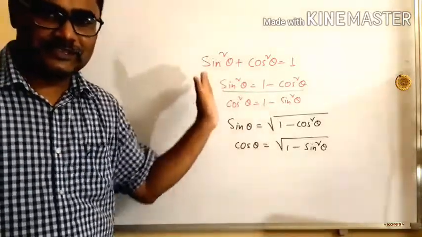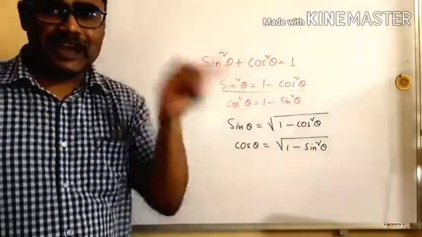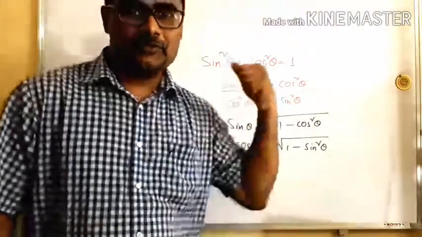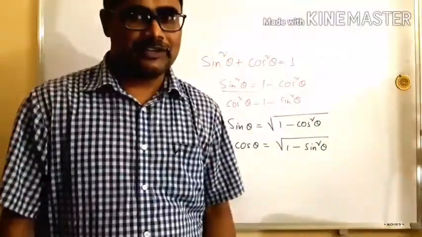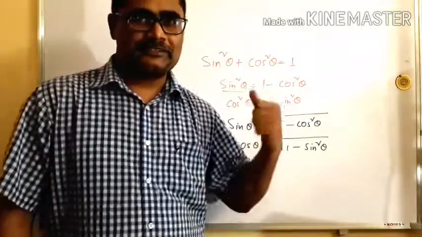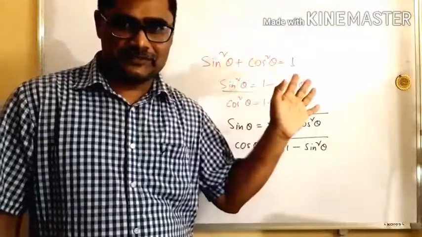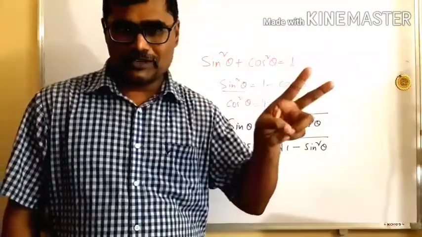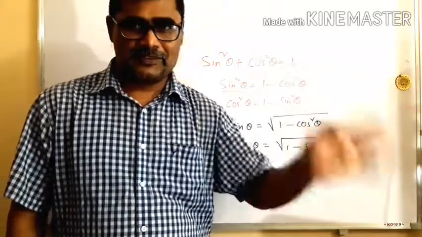If I write them in a sequence giving numbers 1, 2, 3, 4, 5, and I suggest you remember these as formulas, then do you know how many formulas you'll get for the Pythagorean identities? 4 from here. With this it is 5. There are 2 more Pythagorean identities. 5 from each of them, 15.